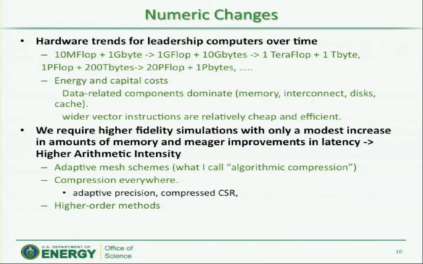So adaptive mesh schemes are part of the formula. I call this algorithmic compression. I compressed the data before I even went into the PDE. So I've compressed the representation. You can also do compression afterwards. People have compressed sparse row, where the C is supposed to be compressed.